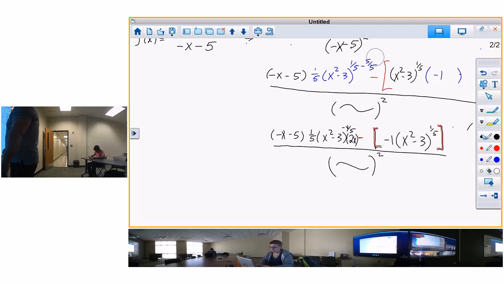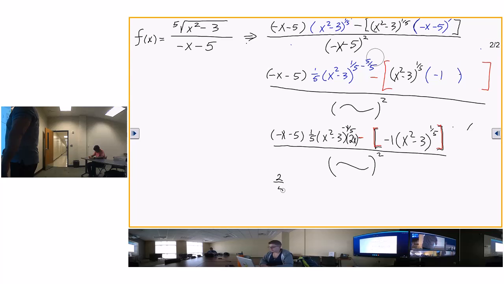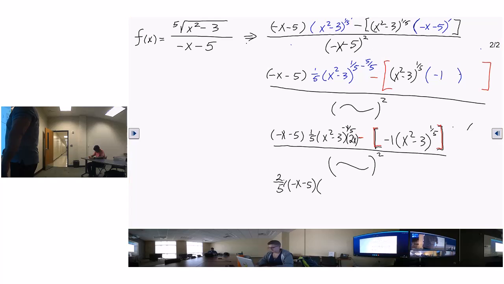But what's going to happen to that x minus? What can we do with that x minus? Well, let's do that at the very end. So that would give us 2/5. And that's going to give us negative x minus 5 times, I brought the 2/5, and I'm going to bring the x out too.